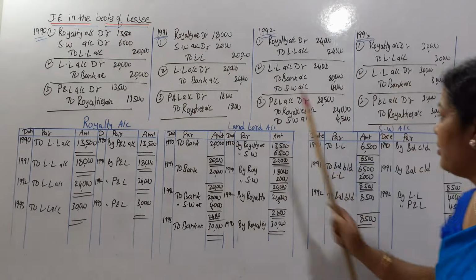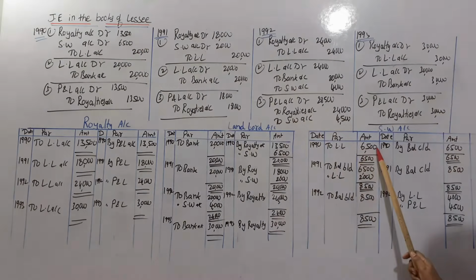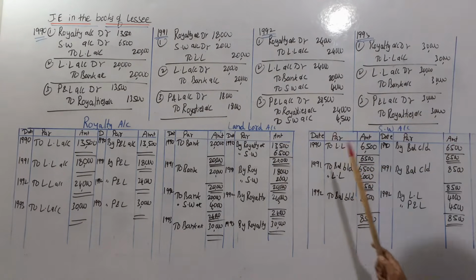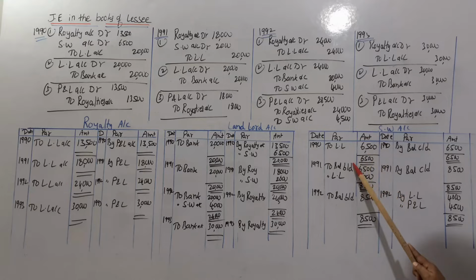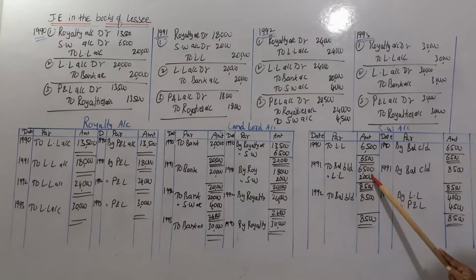To landlord, short workings amount 6,500 posted here. Is there any other short workings? No, only one entry. So balance carried forward, and next year balance brought down, same amount 6,500.